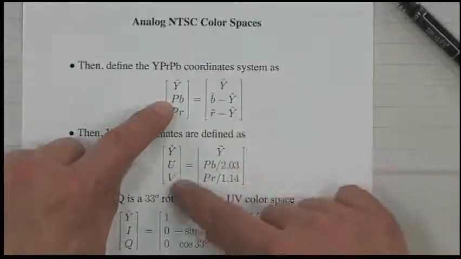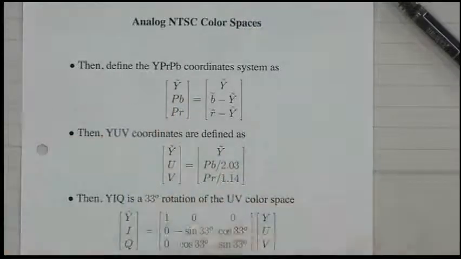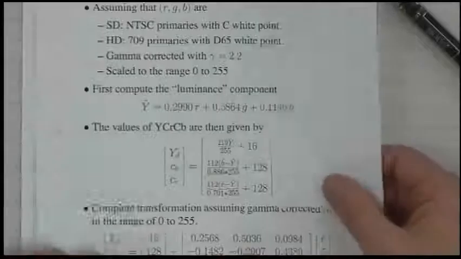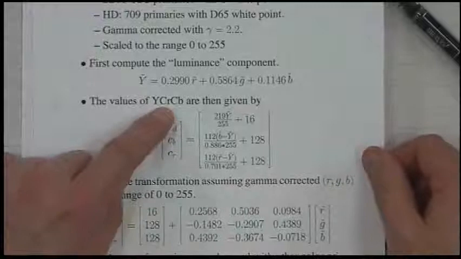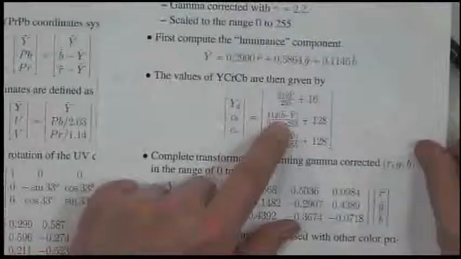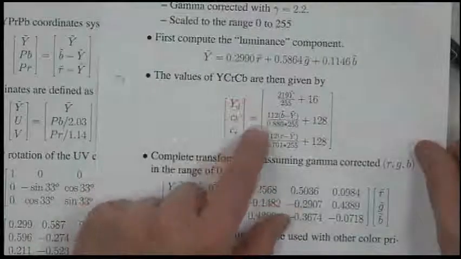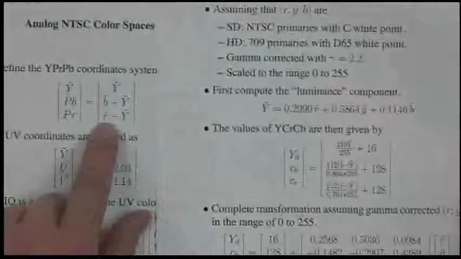So when people talk about YUV with digital data, what they really mean is that they're using what's called YCRCB, okay? YCRCB has the same color coordinates as YUV, because you see here for YCBCR, you take B minus Y and R minus Y, which is exactly what you do here.